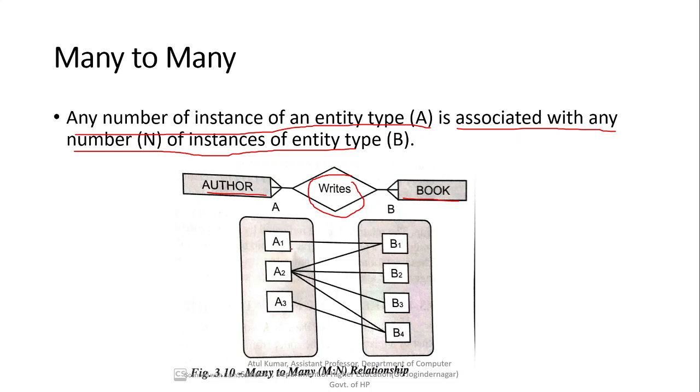Here we can see in the diagram many instances of A are associated with many instances of B. For example, A1 is associated with B1, also A2 is associated with B1, while B1 is associated with only A2. Similarly we have B4 that is associated with A2 and A3. So many instances of entity A are associated with many instances of entity type B, and this kind of relationship is called many to many, that is m to n relationship.